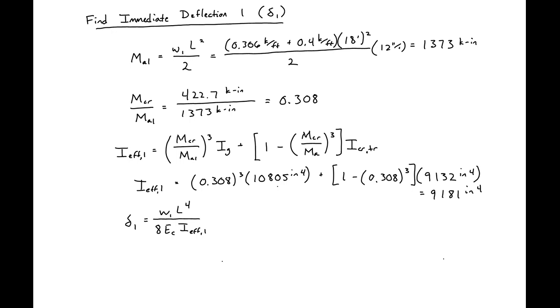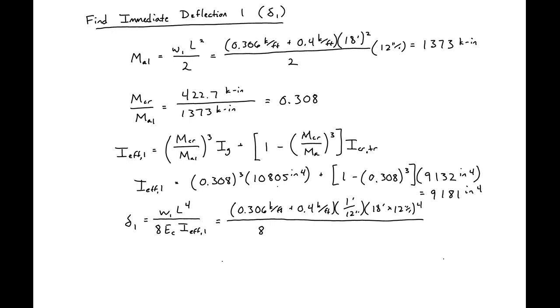We now can find our deflection under this loading. So our deflection is going to be our total load, 0.306 kips per foot plus 0.4 kips per foot times 1 foot divided by 12 inches, times 18 feet times 12 inches per foot to the fourth, divided by 8 times our modulus, 3,122 KSI, times our I effective, which we just found to be 9,181 inches to the fourth, which will give us a deflection here of 0.559 inches.